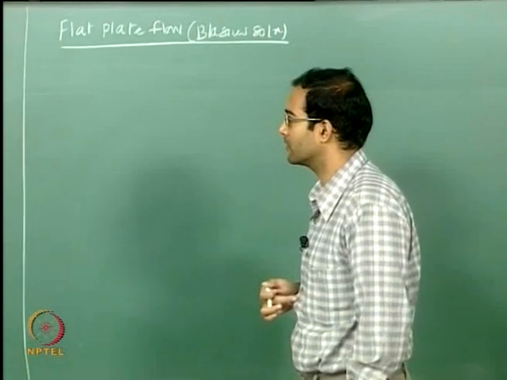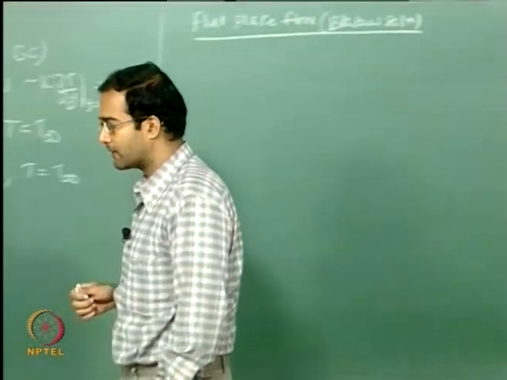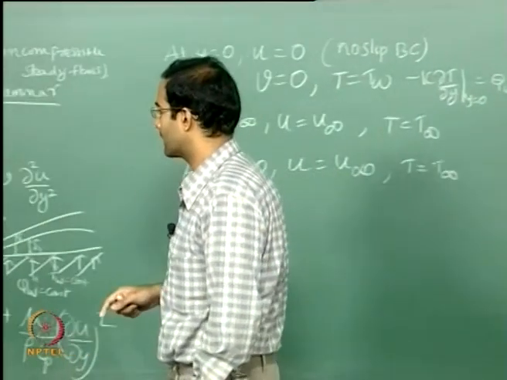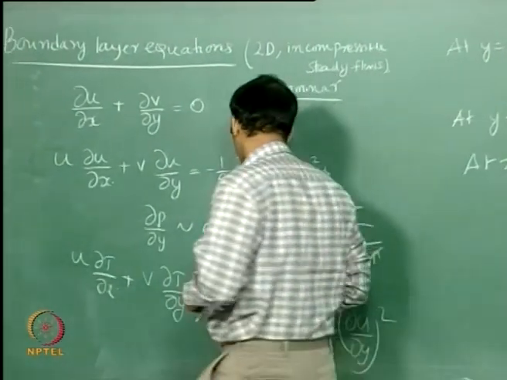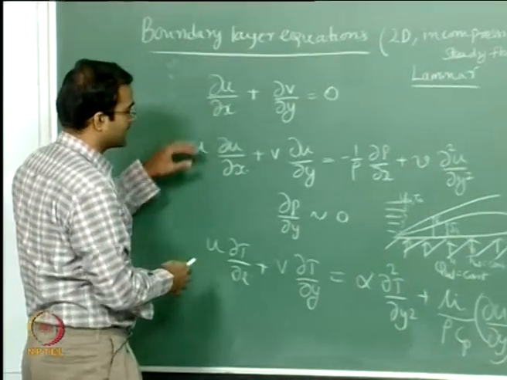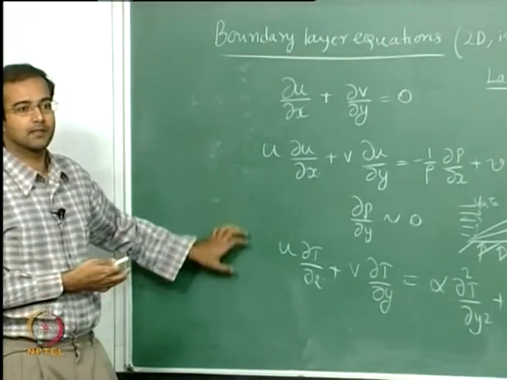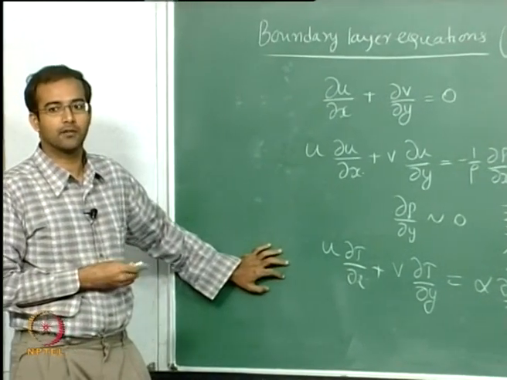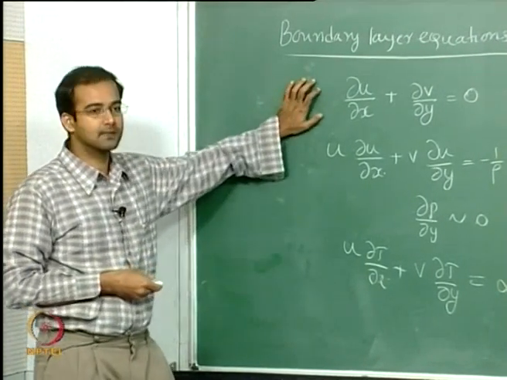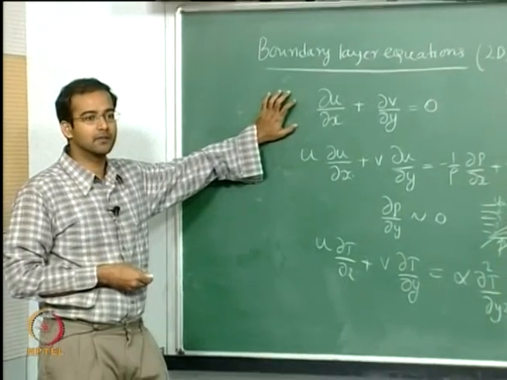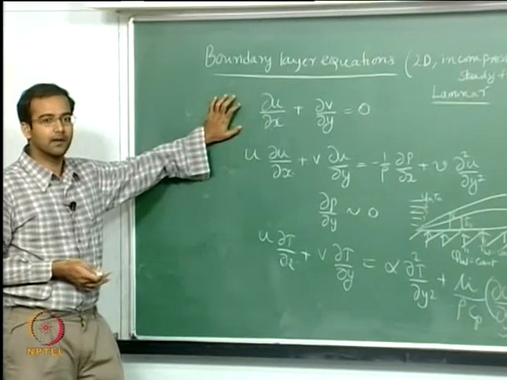So for the flat plate case, what are the approximations we can make, okay. Still you should understand that this is a considerably complicated set of equations, even if you write it for a boundary layer, and of course we can transform this into a form which we can solve, and we are going to do that.